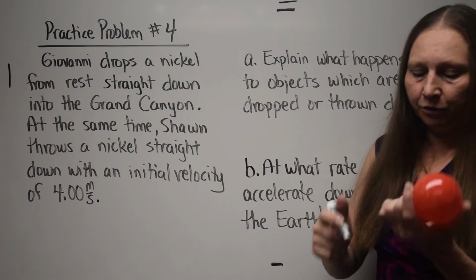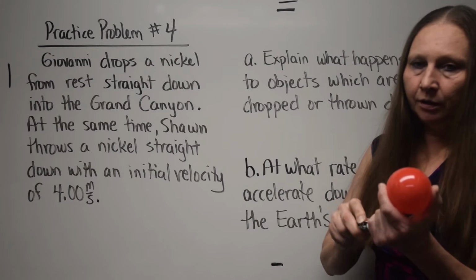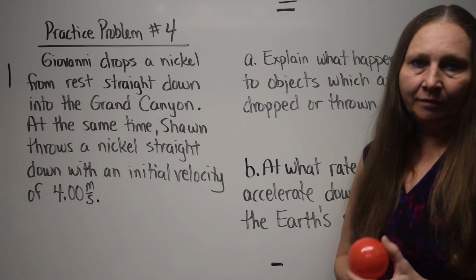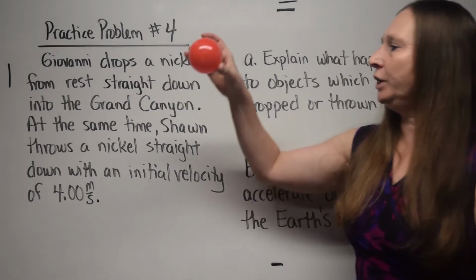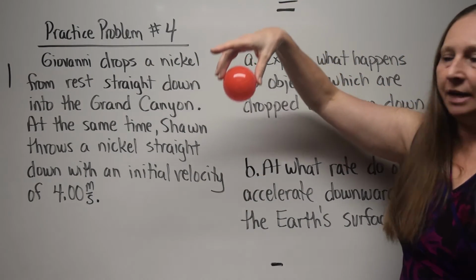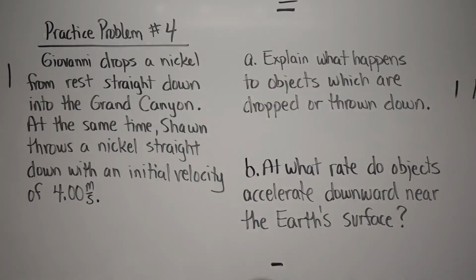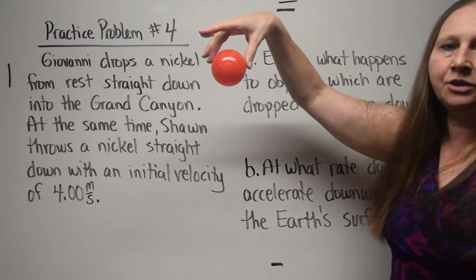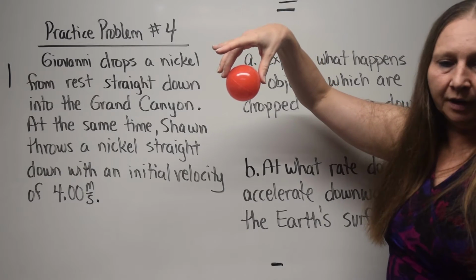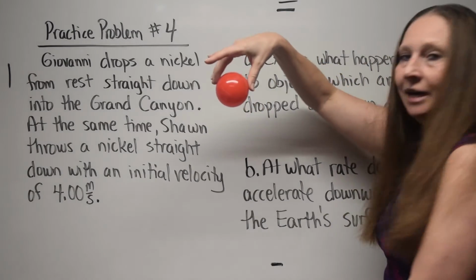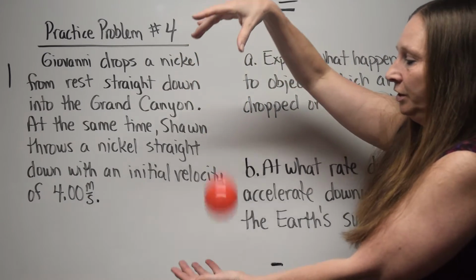Now, first I'd like to briefly illustrate the difference between dropping and throwing. If Giovanni drops the nickel straight down, then he just lets it go, so the initial velocity of his nickel is 0.